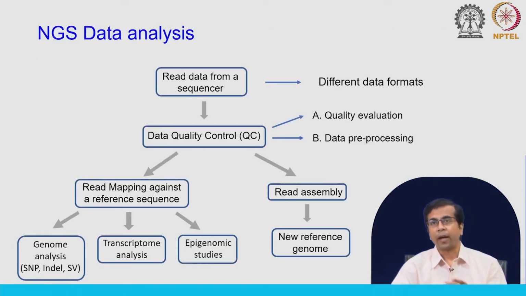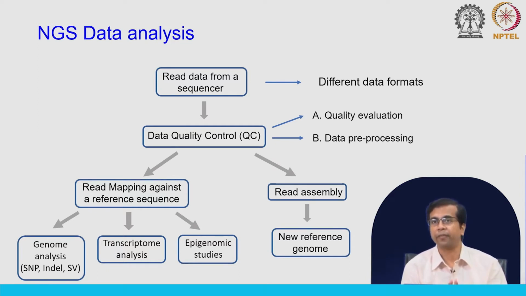So, again going back to the flow chart of NGS data analysis. Once you have this quality control done, you can do pre-processing if it is required, and then you move into the mapping or assembly depending on the problem that you are working on. If your goal is to do single nucleotide polymorphism analysis or transcriptome analysis, you will go into the read mapping side.